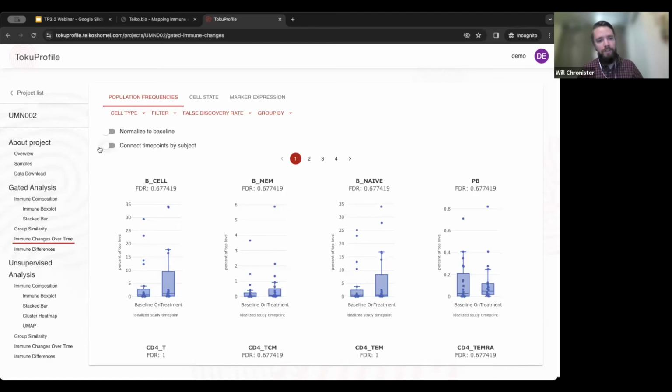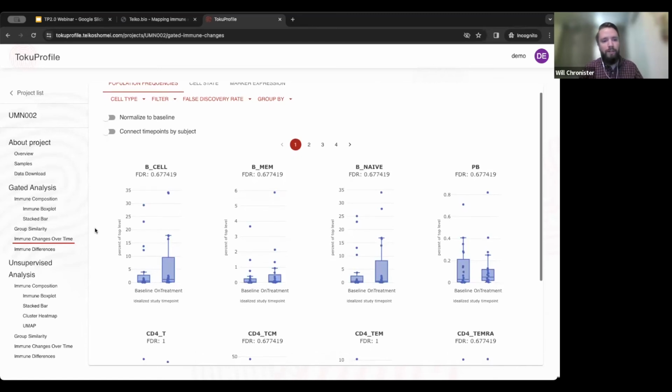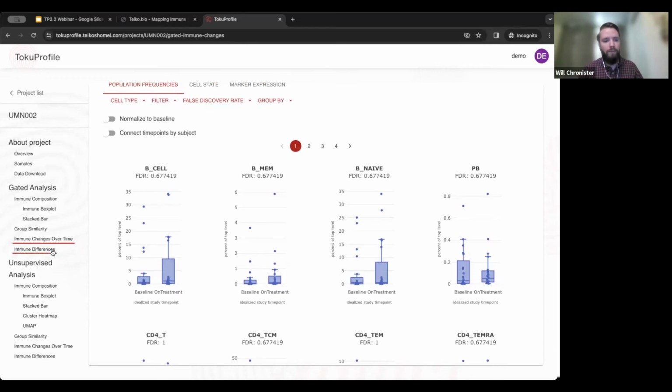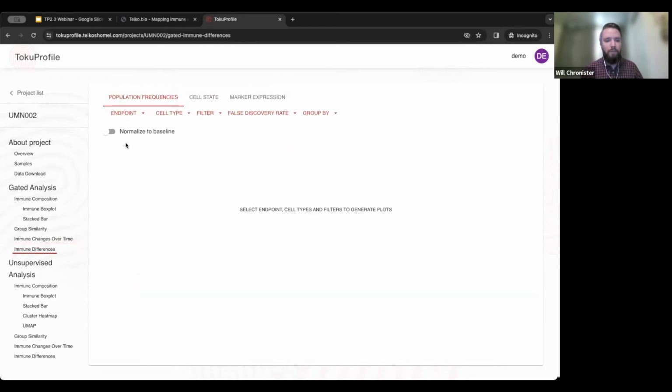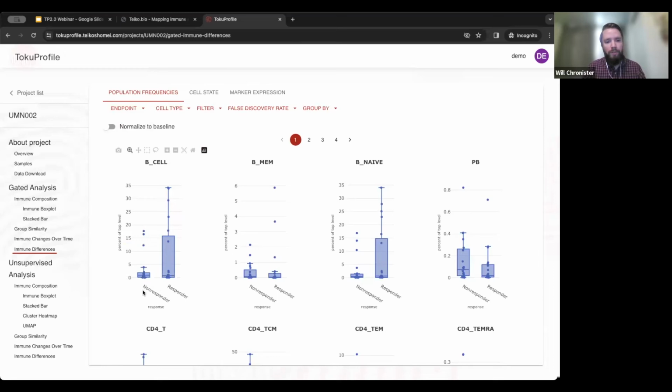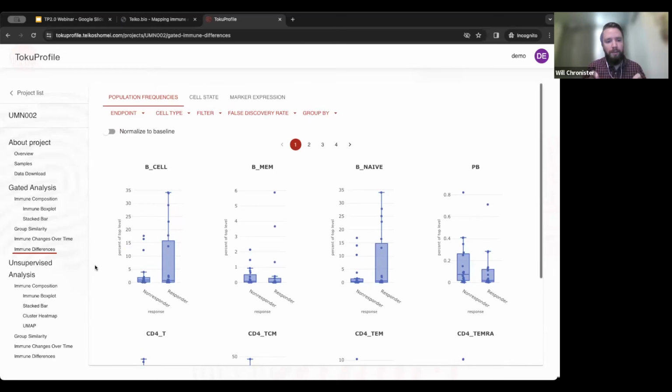Immune differences is intended to be a bit more flexible to whatever your project is looking at. In the case of this one, we have response, which has 2 categories, responder or non-responder. And so we can pull the samples apart and look for statistical significance between those 2 groups, and evaluate whether there are differences, whether it's at the population level, the cell state level, or the marker expression level.